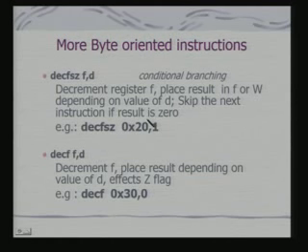Which result? After decrement, the result that you are getting, if that result is 0, then you skip the next instruction. So, this is not just conditional branching, this is doing an arithmetic operation combined with conditional branching. This is a very interesting feature.